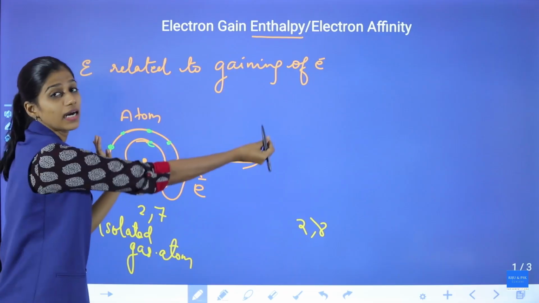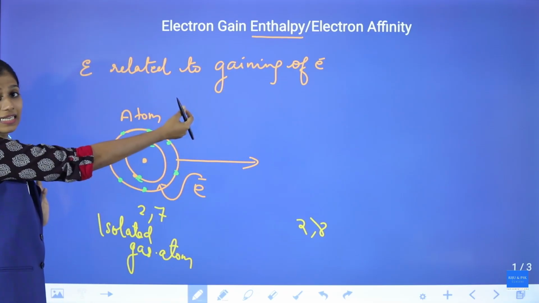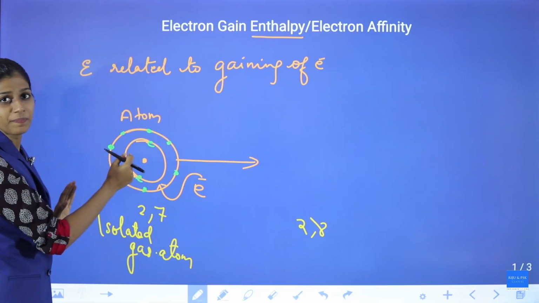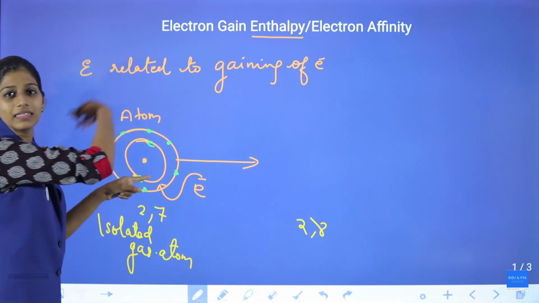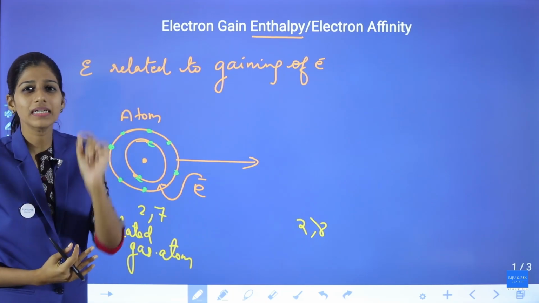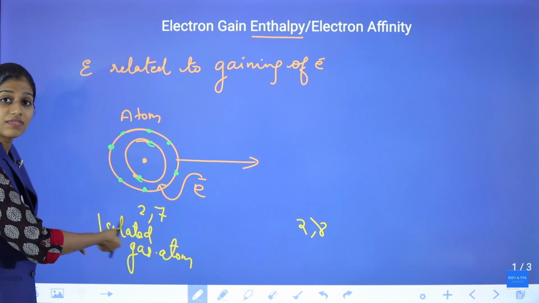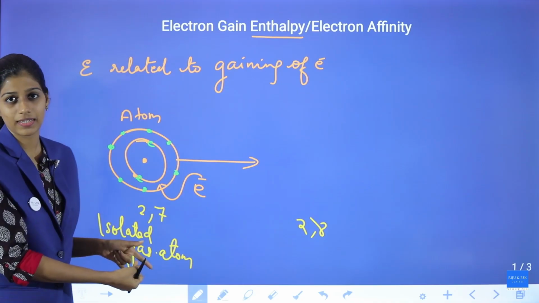We are dealing with the addition of an electron to a single isolated atom. There are no other atoms surrounding this one. You have only a single atom, and that is the reason why the definition is given for an isolated gaseous atom.